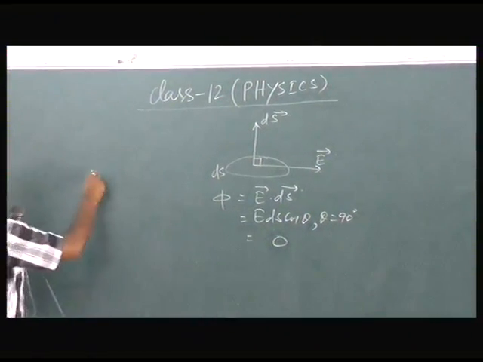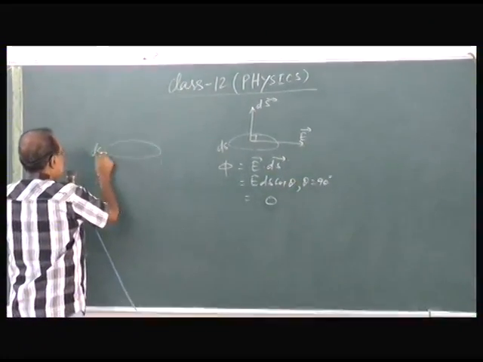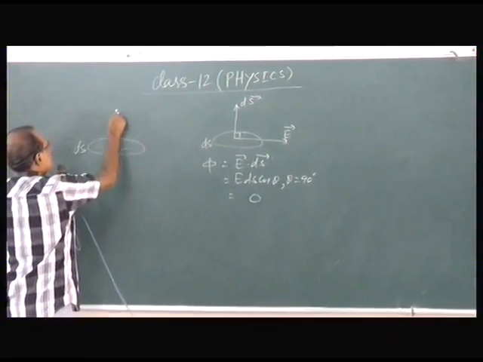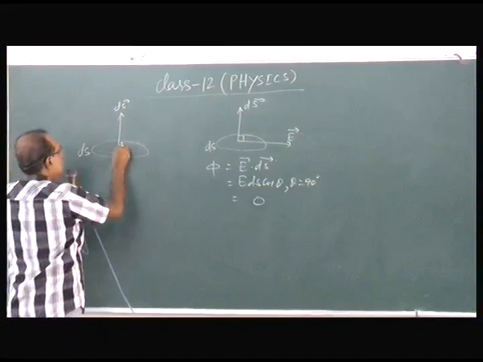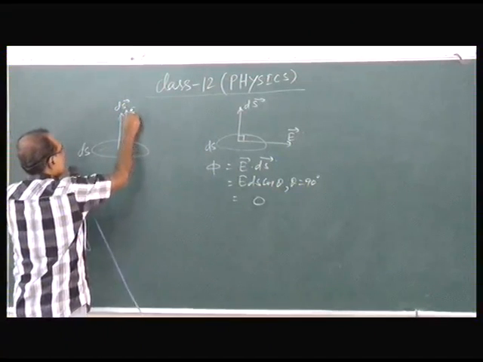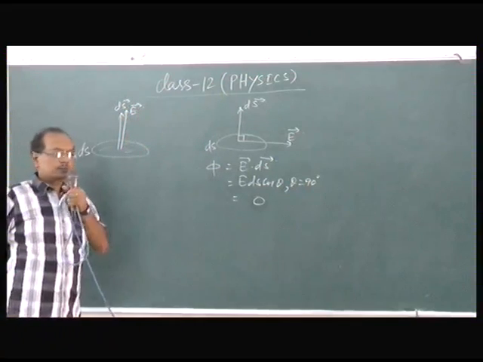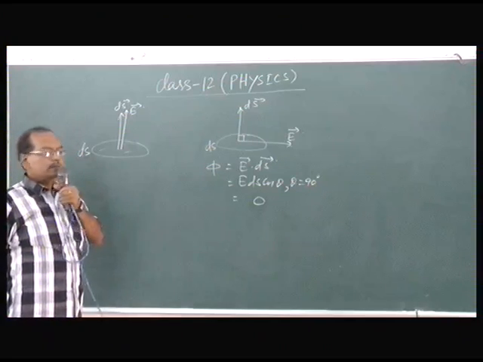Now, if the surface is, say, this one is ds. The ds vector will be normal to the surface, and the electric field is also normal to the surface. So these two are in the same direction, parallel.